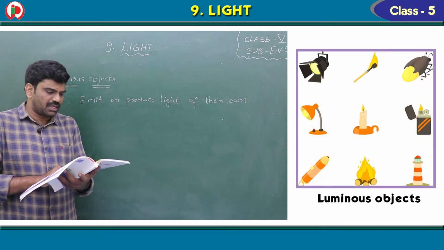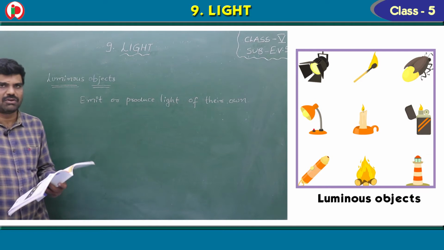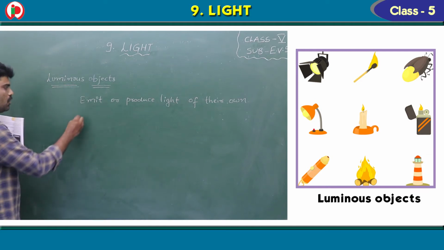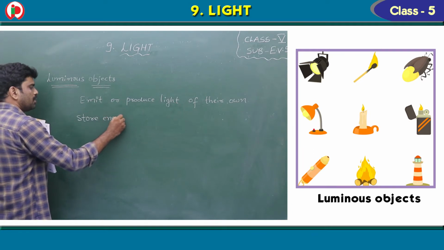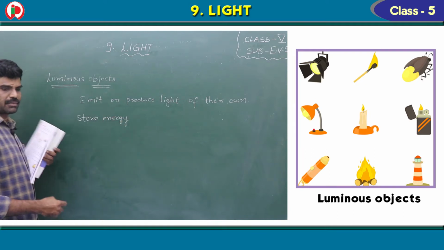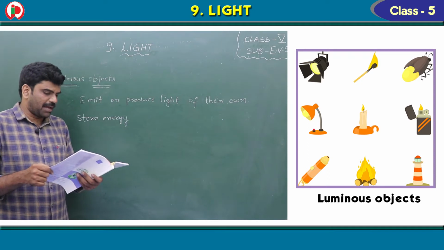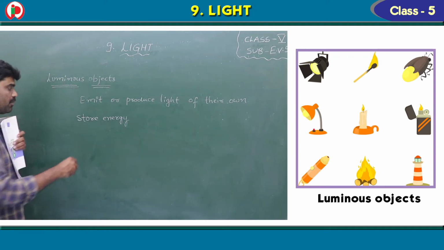All luminous objects store energy. Next one, they are capable of generating heat. This is very important.